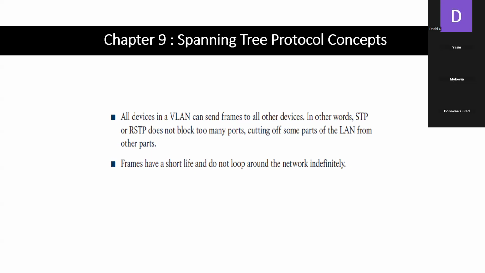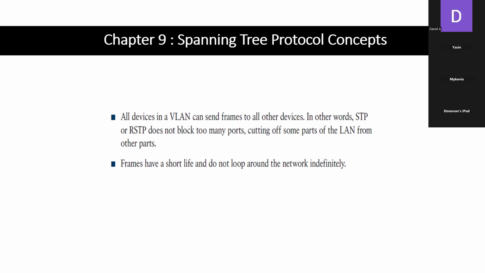In other words, STP or RSTP does not block too many ports, cutting off some parts of the local area network from other parts, okay? The switch is not going to say, hey, I implemented spanning tree, so I'm going to cut off all ports. No. Understand the condition with spanning tree: for redundant links, it is going to block ports.